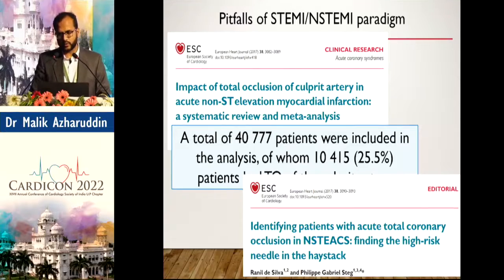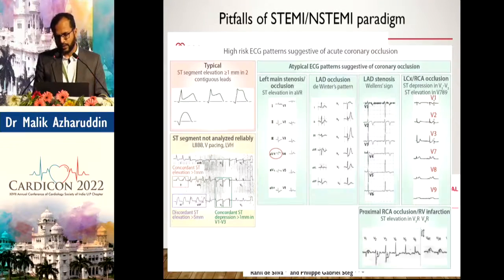So the editorial published along with this meta-analysis concluded on how to identify these acute total coronary occlusions in patients with non-ST elevation ACS. Is it like finding a needle in a haystack? Not so much.